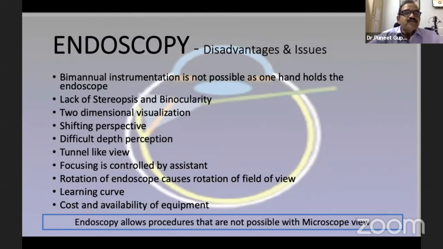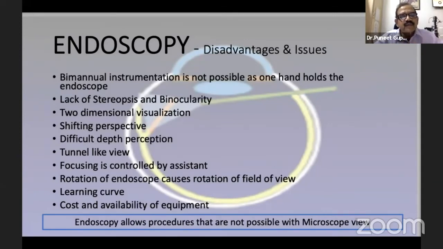There is shifting perspective. You are operating and seeing the view in front of you on the screen. There is difficulty in depth perception, as we have already discussed. The view is small. The view is tunnel-like. Either it is 125 or 145 degrees based on the type of endoscope that you are using.